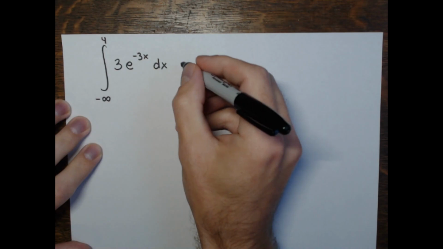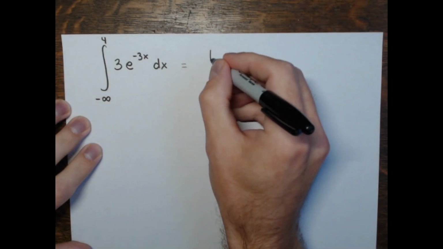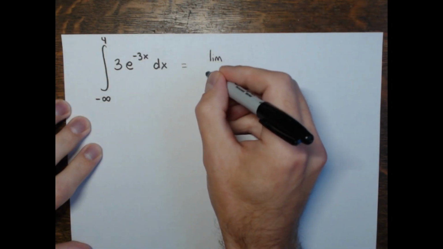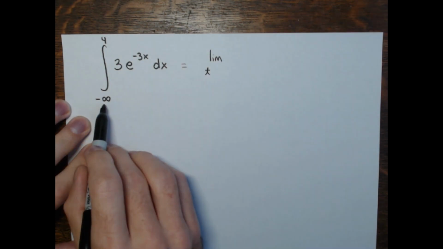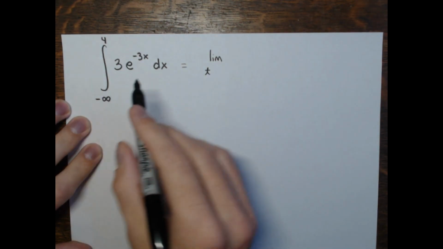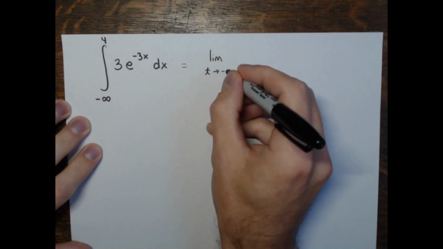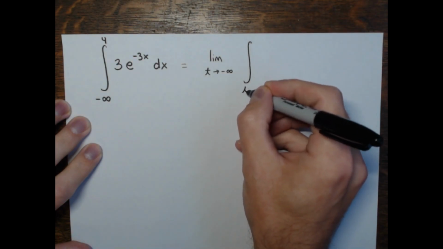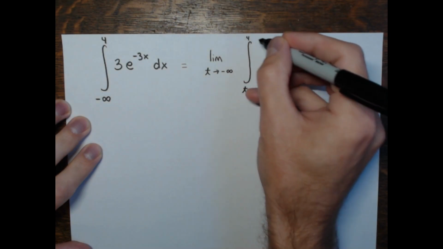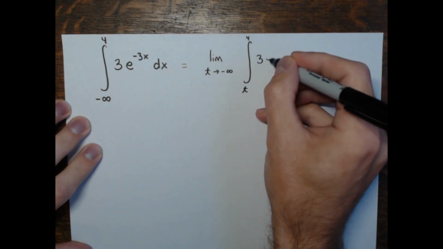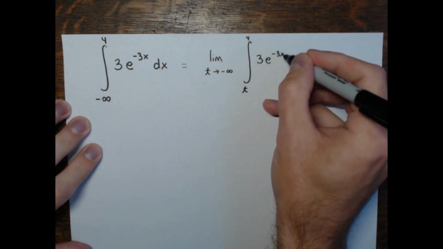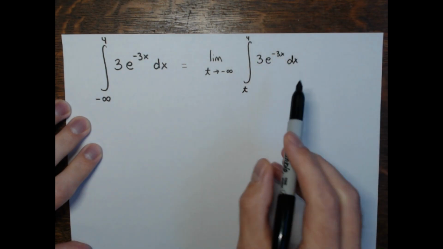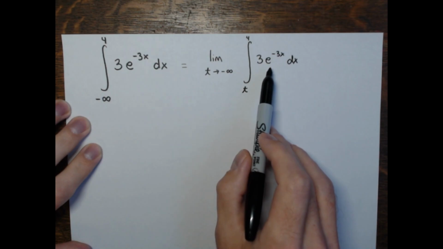But let's go through it. So I got the limit as, again, I'm going to replace negative infinity with t. T approaches negative infinity. And we'll integrate from x equals t to x equals 4 of 3 times e to the negative 3x dx. This is a nice simple integral here.